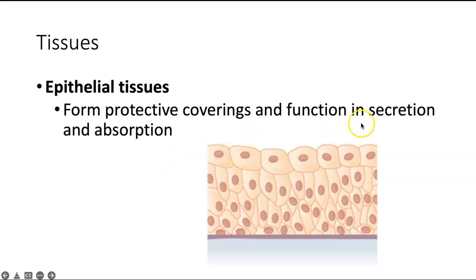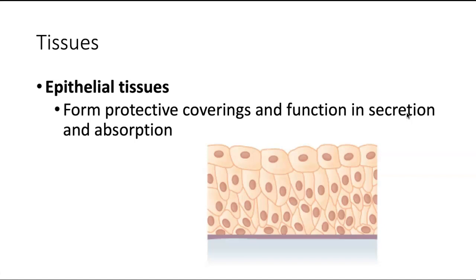And then it also functions in secretion and absorption. Secretion is giving off secretions. For example, sweat is a secretion that your body gives off, all right? Sweat glands are made primarily of epithelial tissue that release certain chemicals or mixtures, for example sweat, onto your body or into certain ducts and glands.